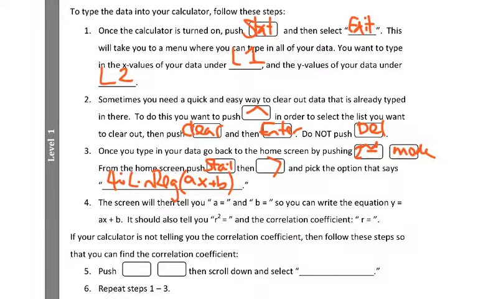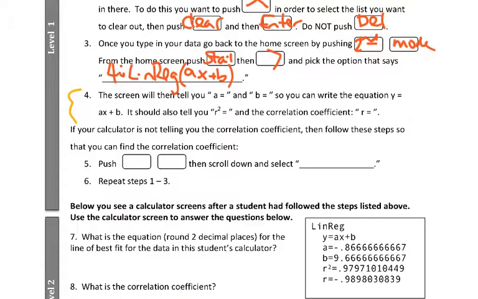Okay, and then step 4 is just telling you what the screen will show: A equals, B equals, and so on. So you don't need to do anything with step 4. If your calculator is not telling you the correlation coefficient, so if you do not see R equals, then you need to do this step here.